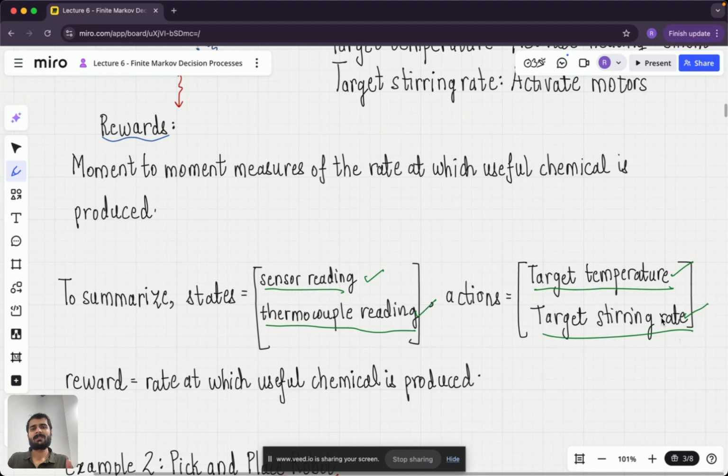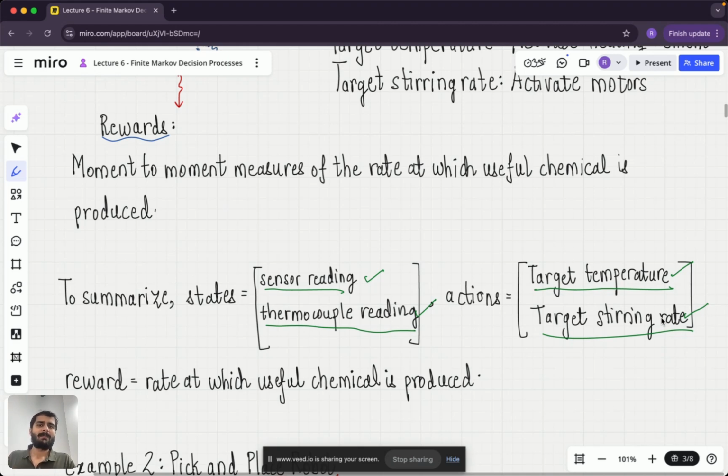And then the reward is just one scalar which says that, based on the states and actions, my reward is going to be the rate at which useful chemical is produced. So once you define this agent environment interface, the agent is going to optimize the policy in such a way that the reward is maximized, which means that it's going to maximize the rate at which useful chemical is produced within the bioreactor.